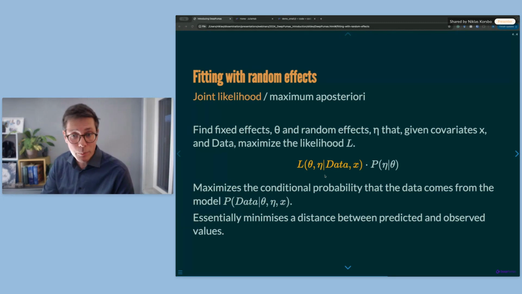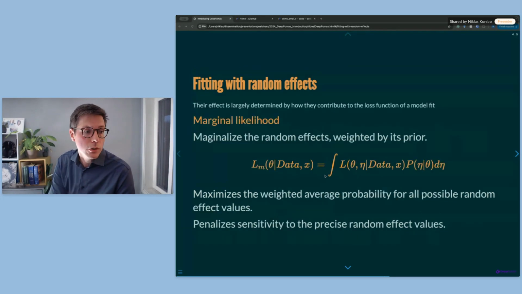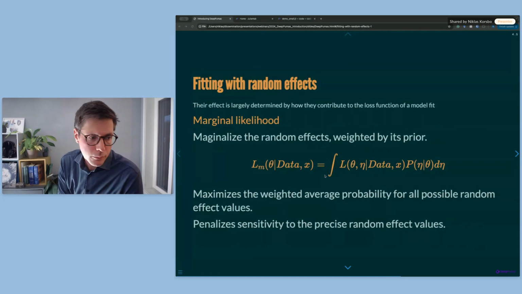This is not typically what we do in nonlinear mixed effect modeling. What we typically do is to maximize the marginal likelihood. With the marginal likelihood, we try to marginalize out the random effects. This is essentially an averaging. We are taking the average likelihood over all possible values of the random effects weighted by their prior distribution.